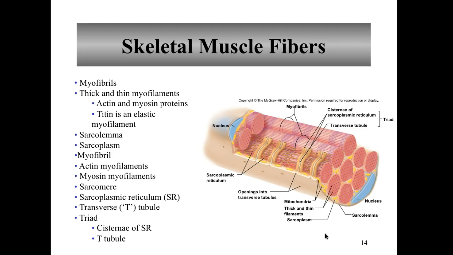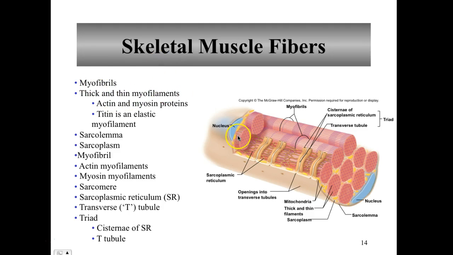Skeletal muscle fibers continue. If we look at the fibers themselves, remember that each skeletal muscle fiber possesses these striations. A muscle fiber is a long, thin cell, and each muscle fiber is composed of things called myofibrils.